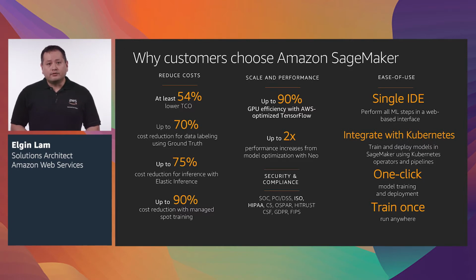You can reduce the cost of training your machine learning models by up to 90% using managed spot training. Managed spot training uses Amazon EC2 spot instances, which is spare EC2 capacity, so that your training jobs run at much lower costs compared to Amazon EC2 on-demand instances.